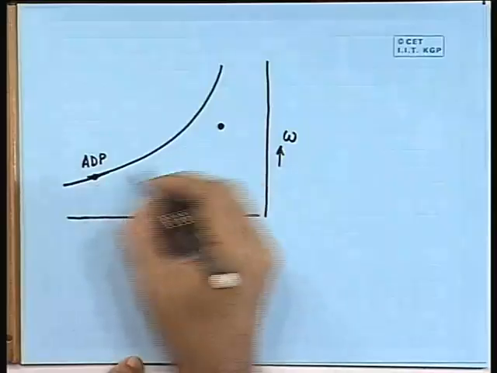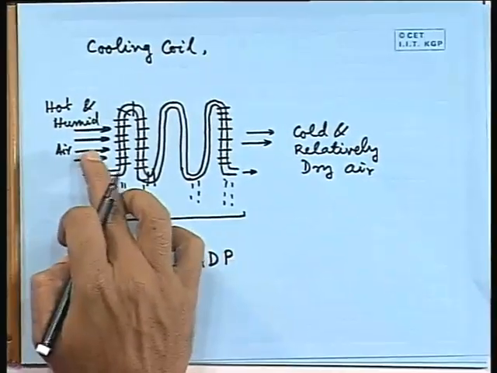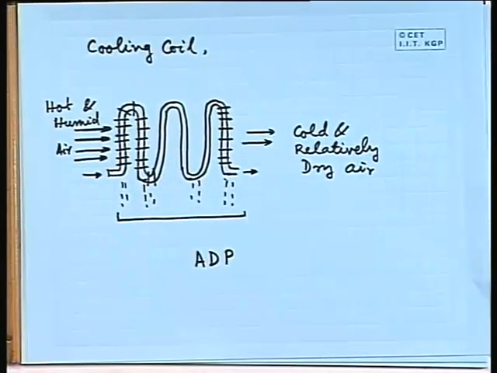Now, again let us go back to this. When air is flowing through the coil, we cannot expect that the entire mass of air will come to apparatus dew point temperature. If we want the entire amount of air to come to the apparatus dew point temperature, then it should have a very large time of contact, the coil length should be very large, almost infinity.